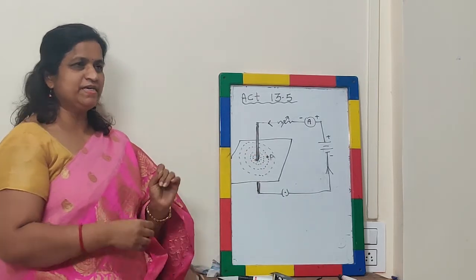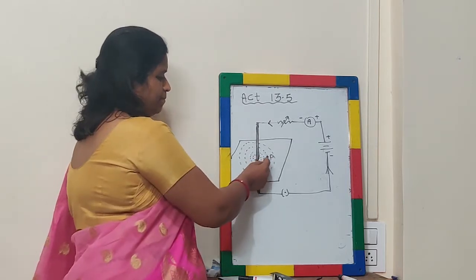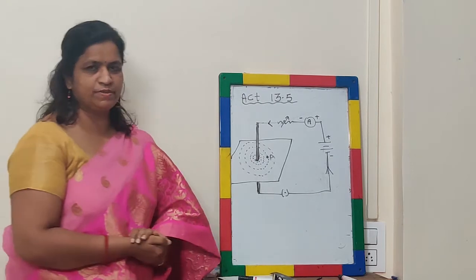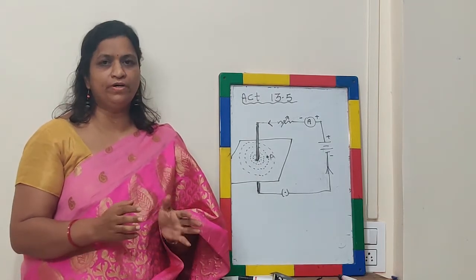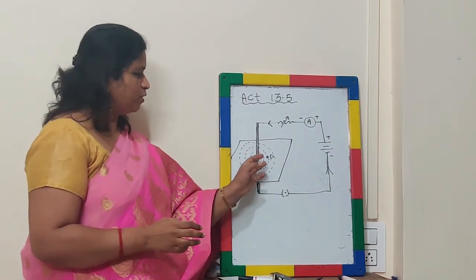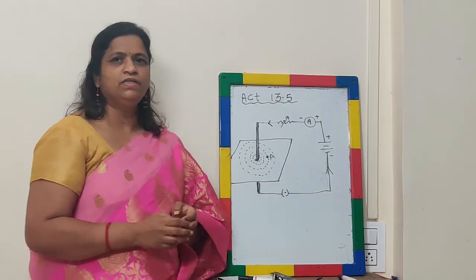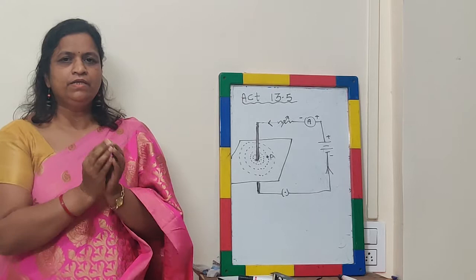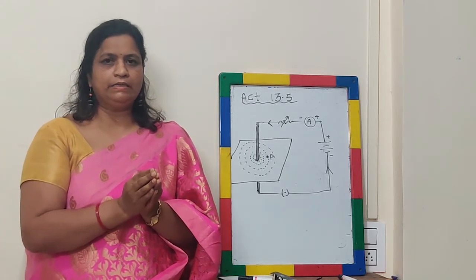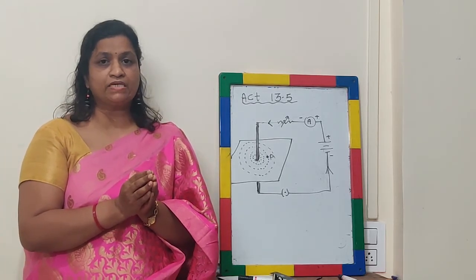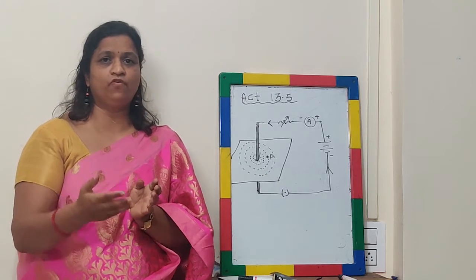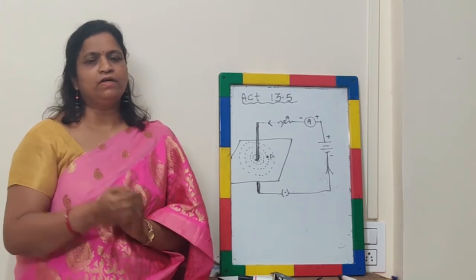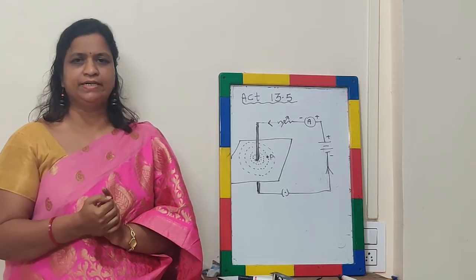First, if we put the compass very close to the conductor, it shows more deflection, and as we go away from it, the deflection reduces. This observation indicates that near the conductor the magnetism is maximum, the strength of magnetic force is more. As we go away from it, the strength of magnetic force decreases.